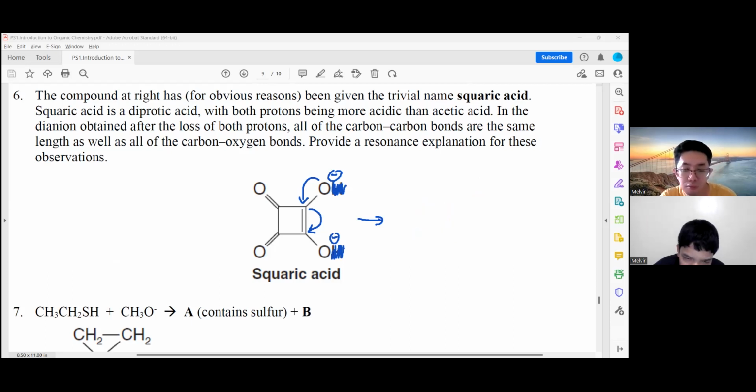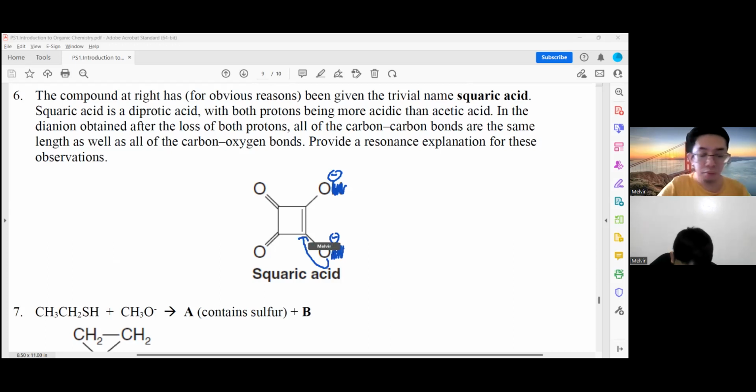Wait, magawa ko po siya ng mas convenient. Mahilig na po ako sa mga electrons.